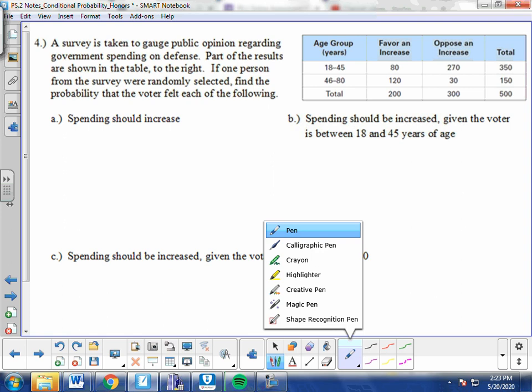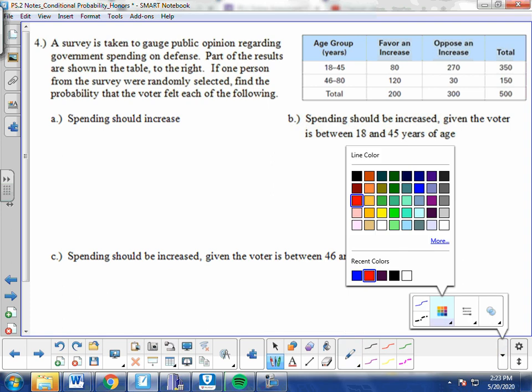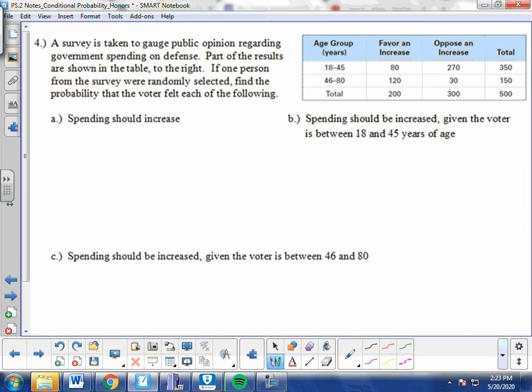What we can do is again find basic probability for this problem, which is the number of elements in the event divided by the number of elements in the sample space. So we look here, 500 total people were surveyed. 200 of those people supported an increase, 300 opposed an increase.